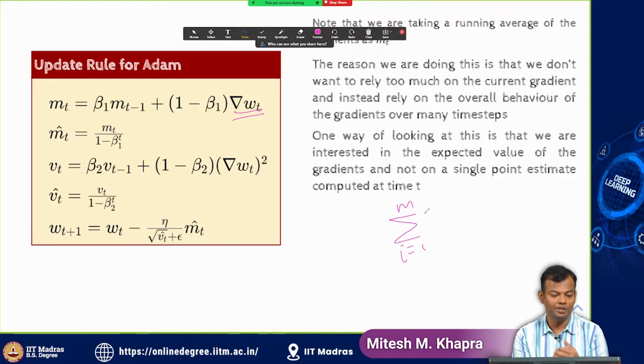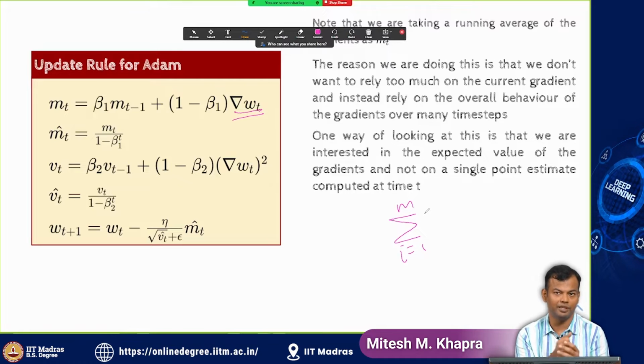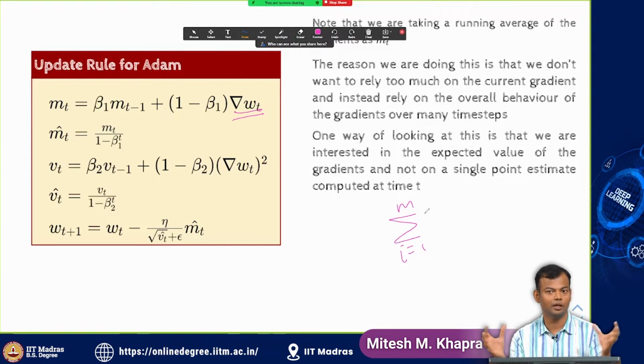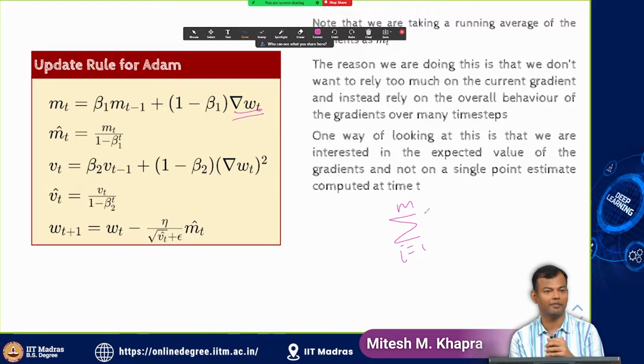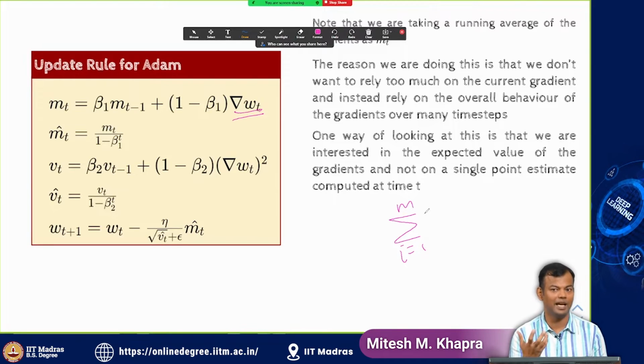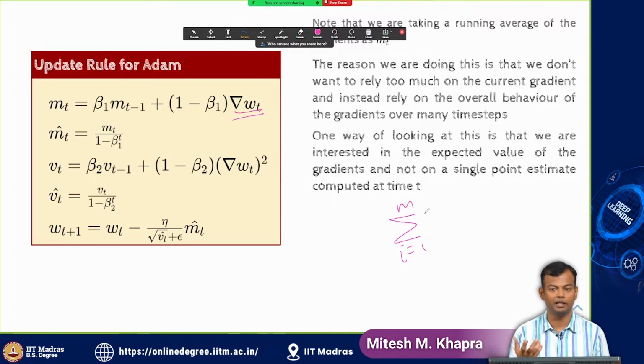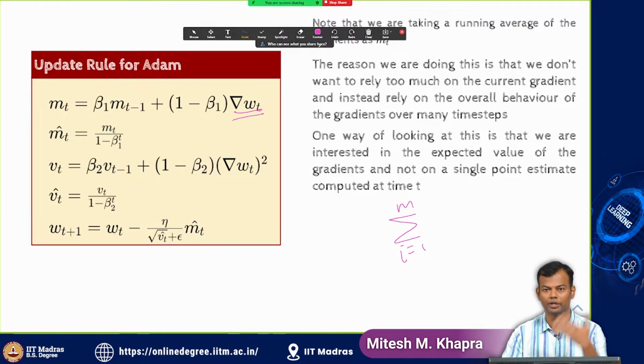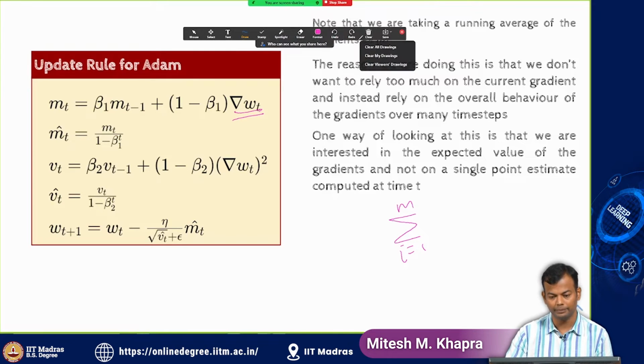Now the question is whether this exponentially weighted average is close to the expected value of the gradient. Ideally I would want the expected value, because that would tell me over all the data points, if I had taken all of them, what my gradient would be. But I'm not able to take the expected value because there are a large number of data points.